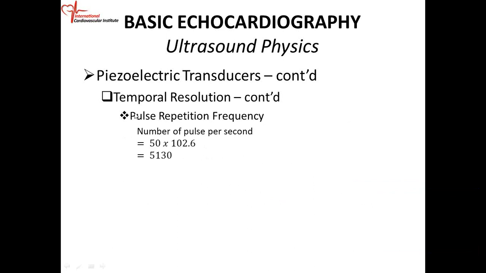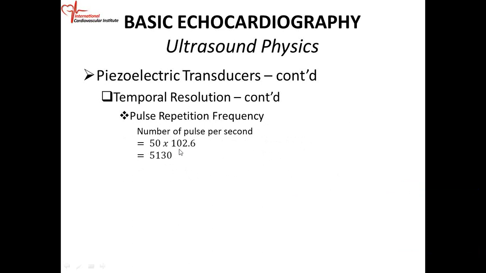So the definition for pulse repetition frequency is the number of pulses per second. That's the definition for pulse repetition frequency. So the number of pulses per second, because you have 50 frames per second.